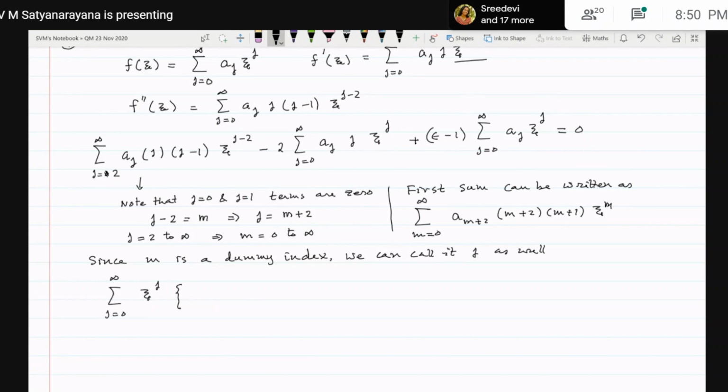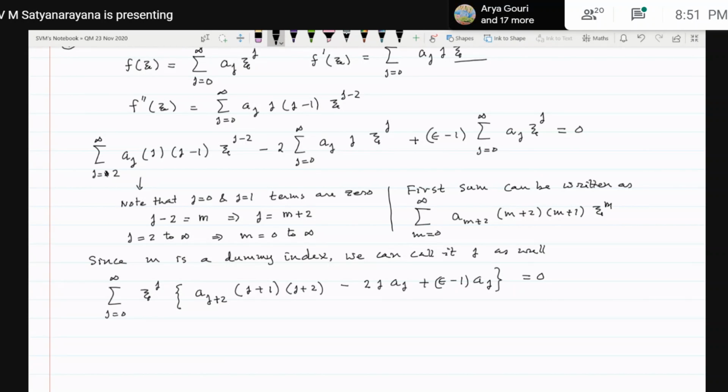And I have the coefficients, which is a(j plus 2) into j plus 1 into j plus 2, that is from the first term, minus 2 times j aj, plus epsilon minus 1 times aj. So that is equal to 0.